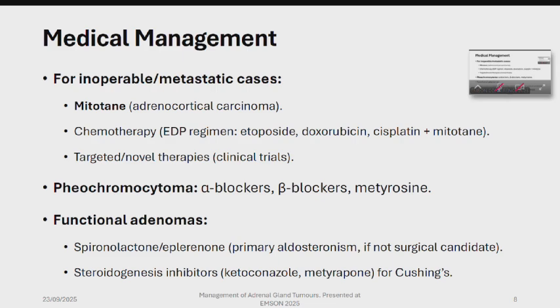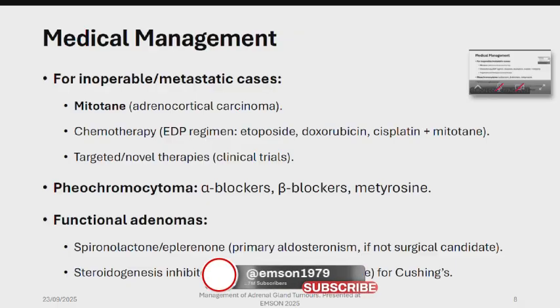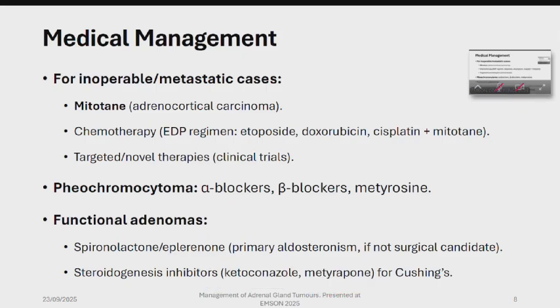Mitotane has been used for most adrenocortical tumor. There are other chemotherapy regimens that could be used: etoposide, doxorubicin, cisplatin, and mitotane can also be used. And there are new targeted novel therapies that are still in clinical trial. I've mentioned managing pheochromocytoma, alpha blockade before beta blocker.